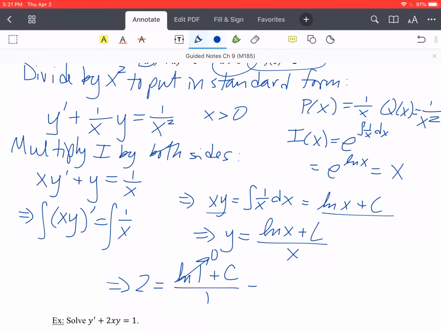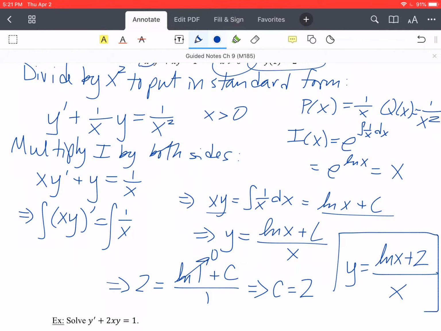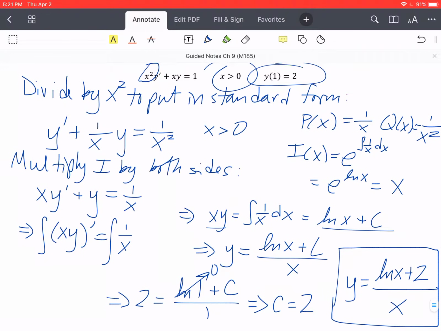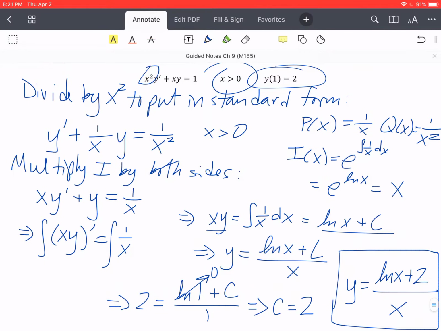So that's just c over 1 equals 2, so c is 2. So this gives us y equals ln of x plus 2 over x. And that is the solution to this differential equation, to this initial value problem.